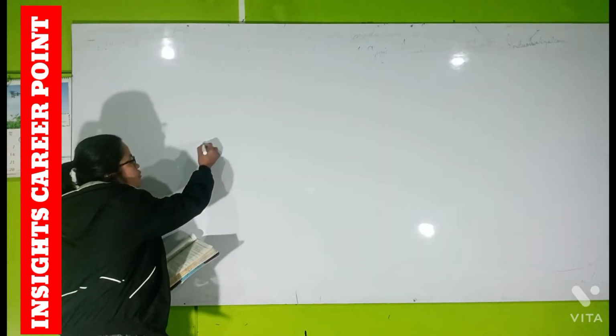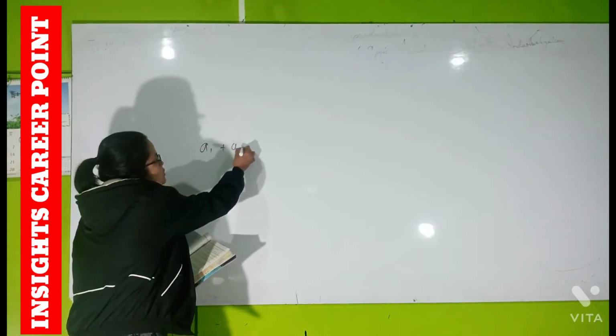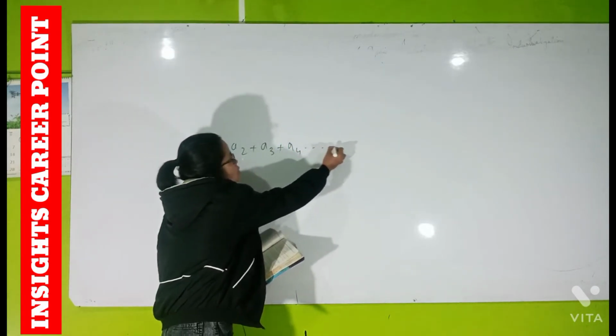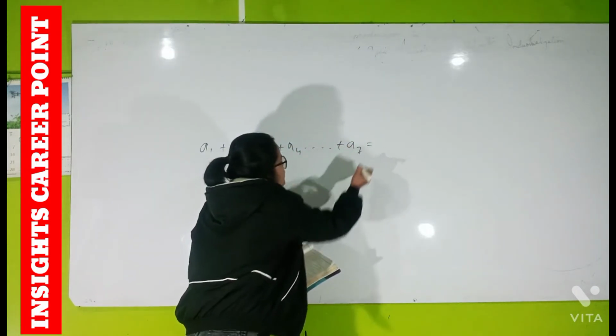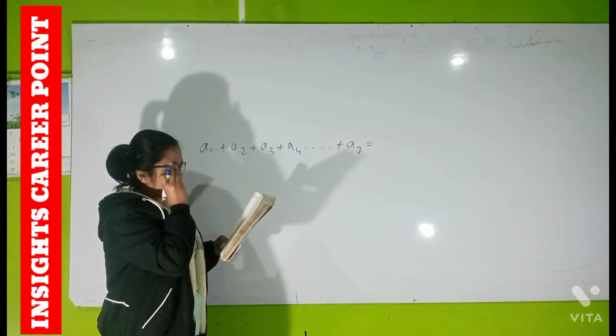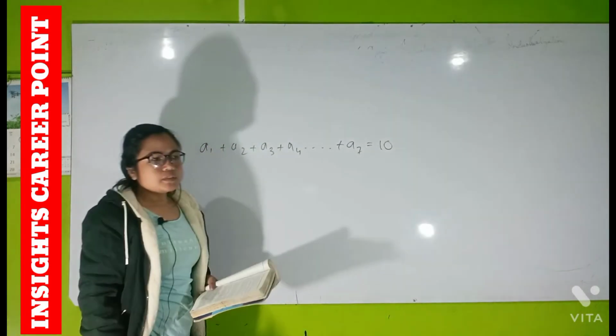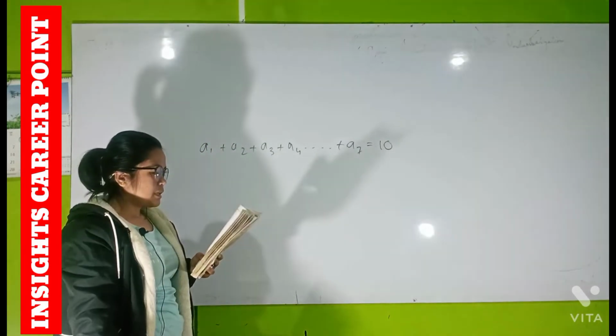It means starting from first term, second term, third term, fourth term, up to the what? Up to the 7th term. The sum of these first 7 terms is 10.